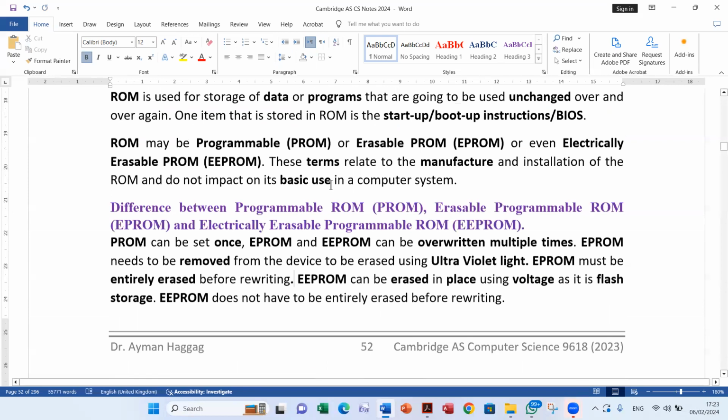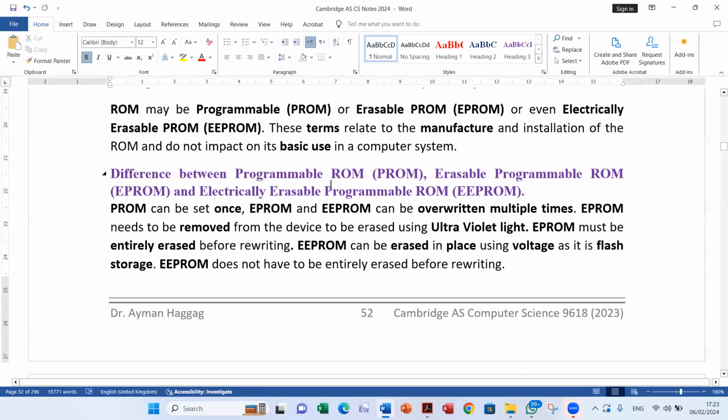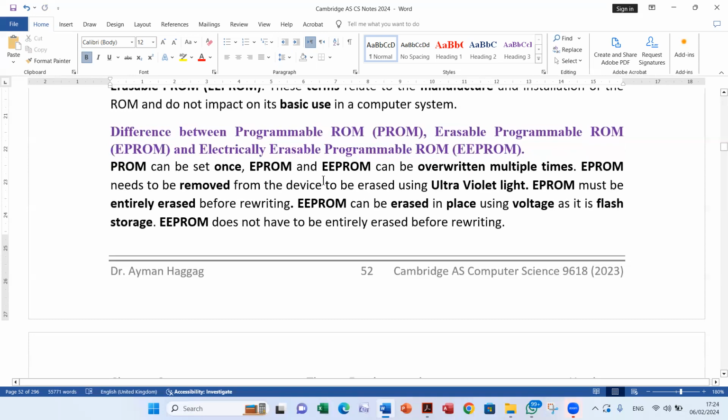Okay, so you have read-only memory, programmable read-only memory, erasable programmable read-only memory, then electrically erasable programmable read-only memory. Study this paragraph because I recently copied it from a very new past paper.